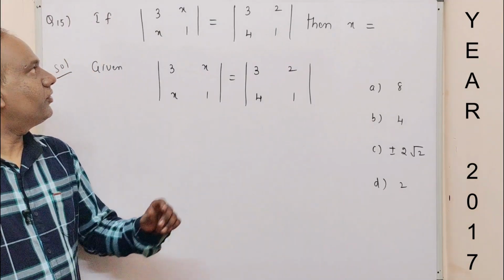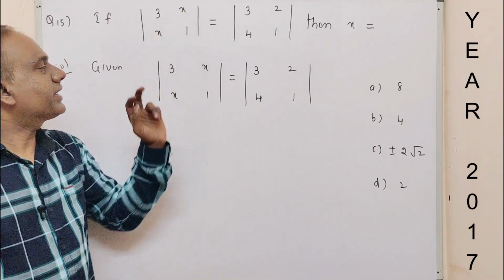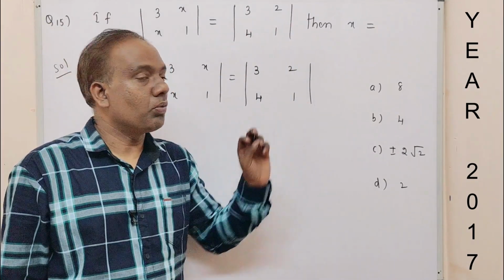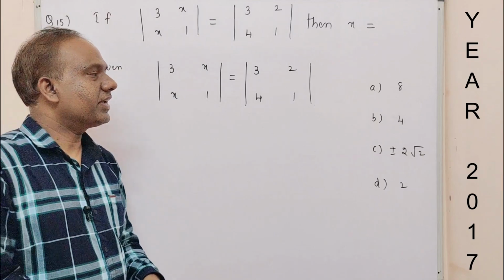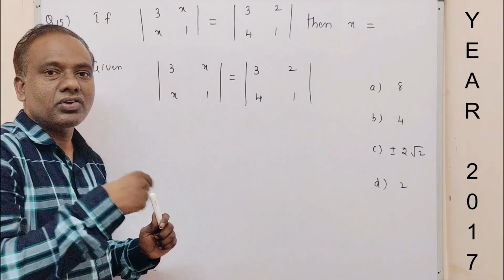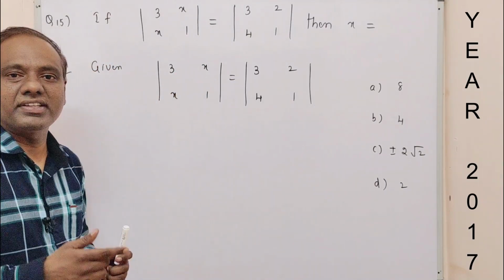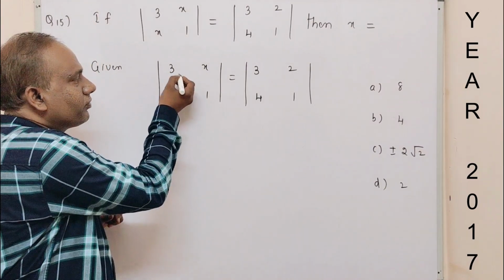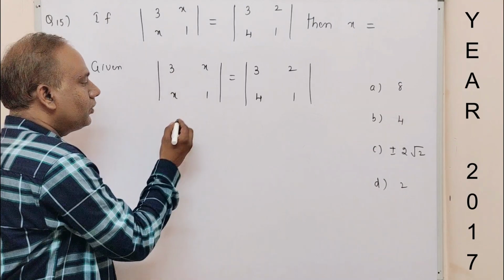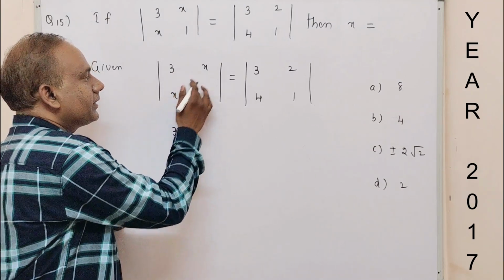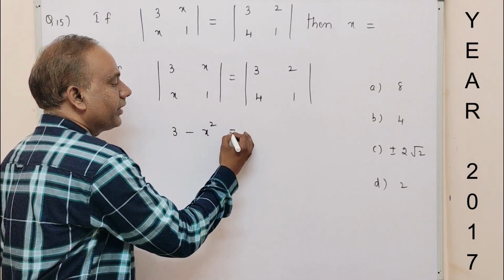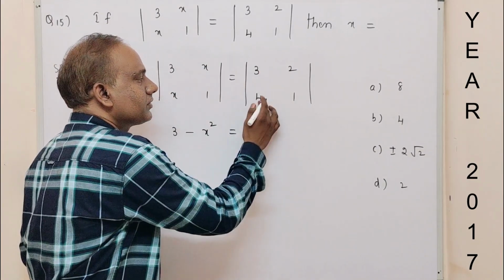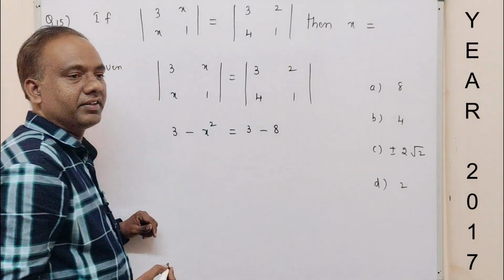The question is, if determinant of [3 x; x 1] is equal to determinant of [3 2; 4 1], then x is equal to what? So this is the given. Here these two determinants are equal, then what is the value of x? That is the question here. So here for the determinant, first we multiply. 3 into 1 is 3 minus x into x is x square, is equal to 3 into 1 is 3 minus 4 into 2 is 8.